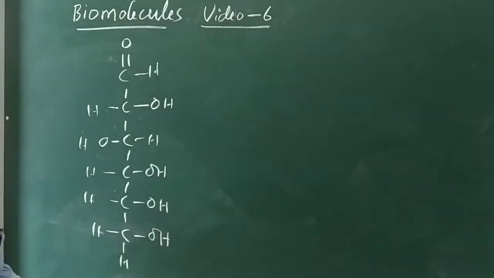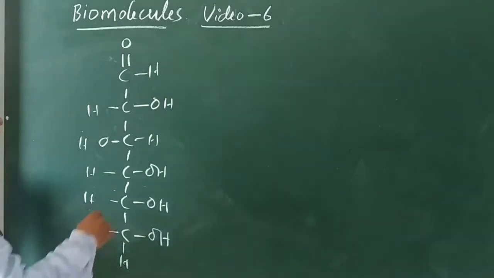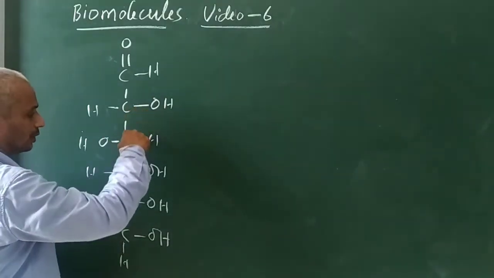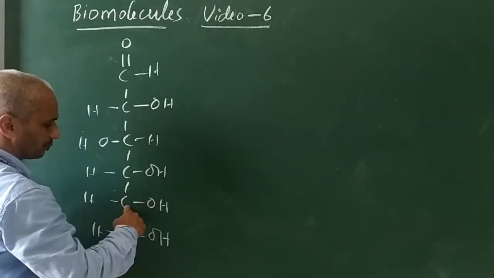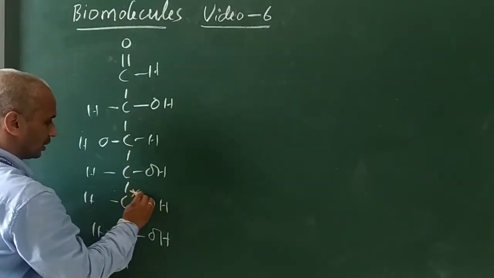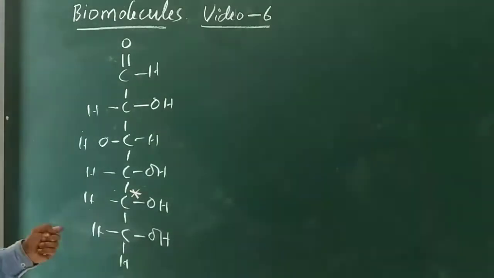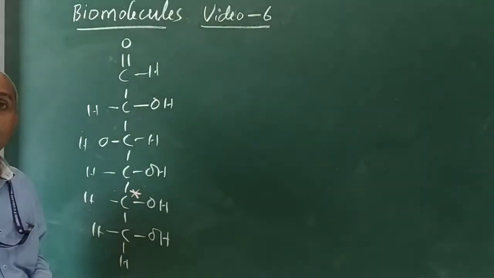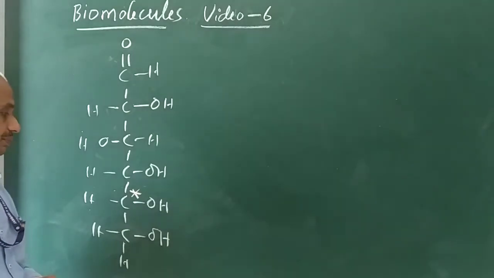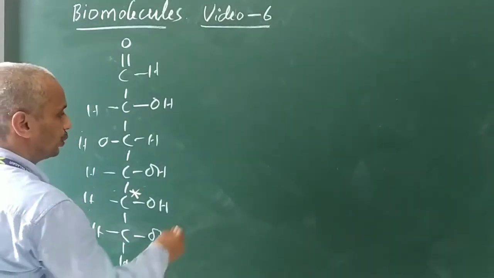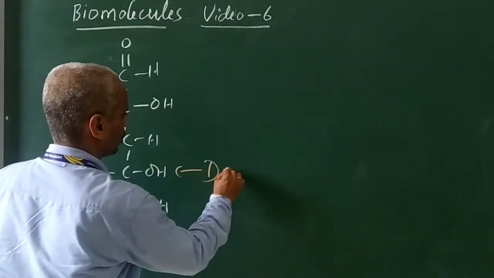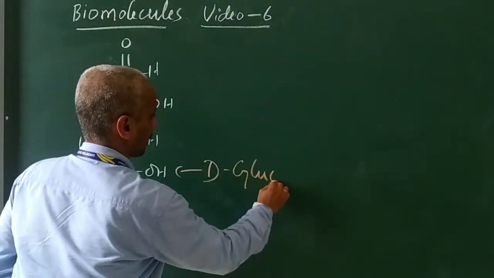First see which is the last asymmetric chiral carbon. Which one? This is a chiral carbon, this also chiral, this also chiral, this is chiral. Last is this carbon. And see which side the OH is on. Which side is it? Right side. So this is D-glucose.